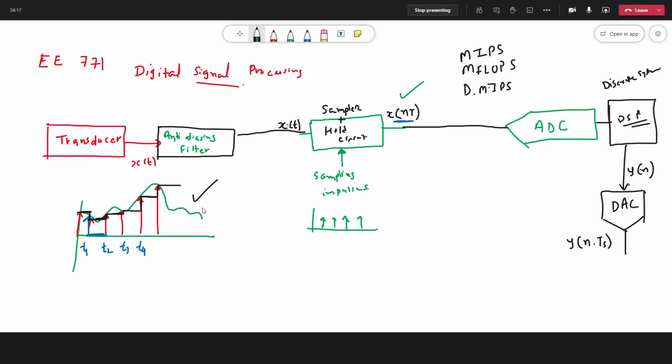So discrete time analog signal that will be available as output of digital to analog converter will look like this. It will have abrupt jump, sudden jump at the sampling moment, at the moment when digital information is updated at the input of digital to analog converter. As soon as you change the digital information given to digital to analog converter, digital to analog converter will change its output as per the given digital information.